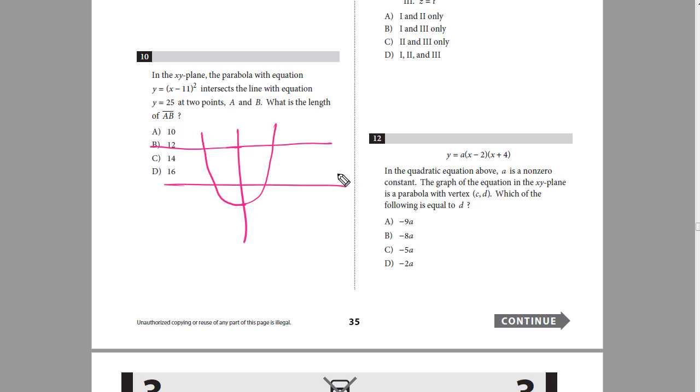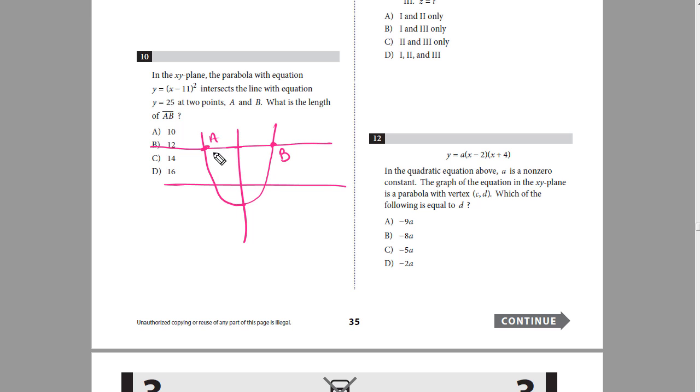This is the parabola. This is point A and this will be point B. Now we know the y coordinates of points A and B. We have to work out the x coordinates of points A and B, and then we will use the distance formula and find the distance from A to B, or we can directly find the distance from A to B.